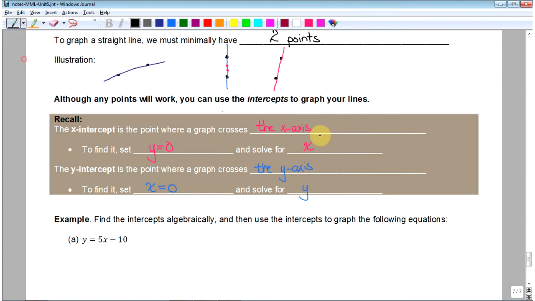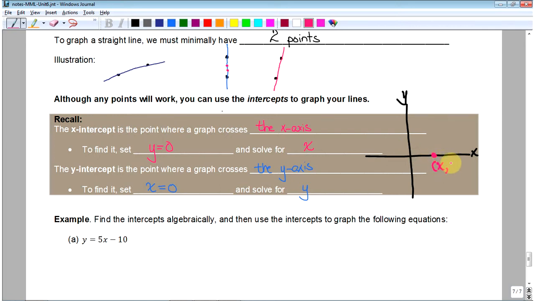So just a quick illustration of this. We have our x and our y-axis. The x-intercept is any point that's going to be on your x-axis. So if you think about what the coordinates of that point look like, well, my x, we're going to have some value since I've moved, in this case, to the right.